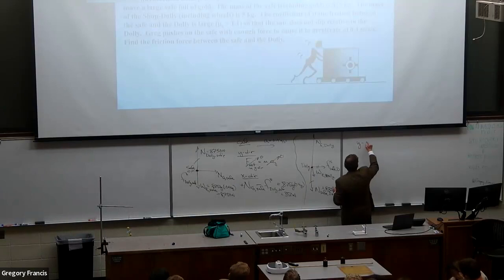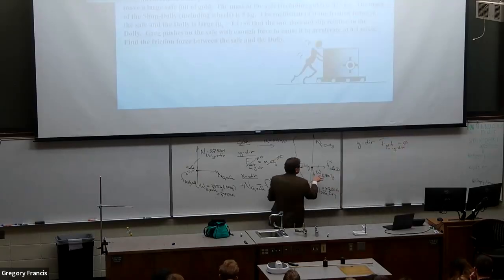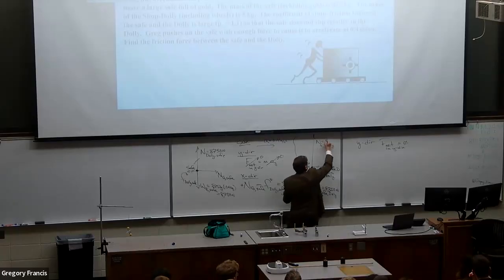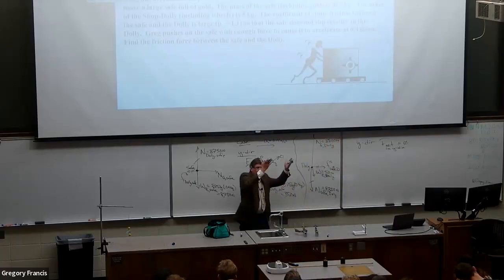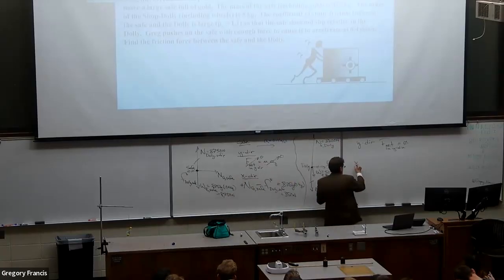Again, in the y direction, F net is equal to 0 because there's no acceleration. Well, I've got 50 newtons down, the weight of the dolly. I've got 8,750 down. I've got to have 8,800 up so that all the force up equals all the force down. That's the easy part. Now we do the X part.